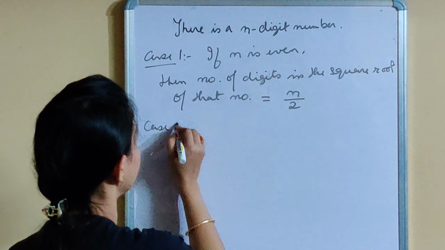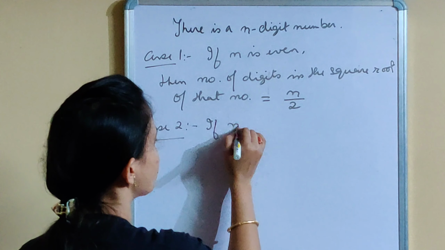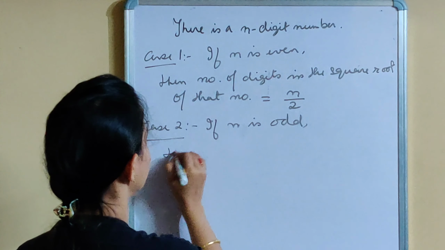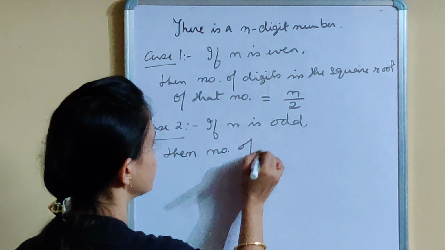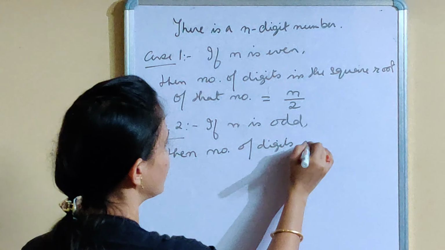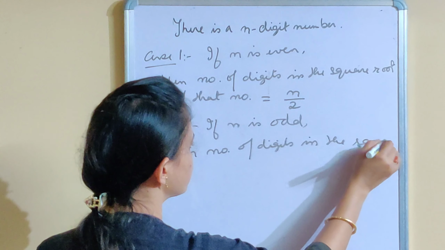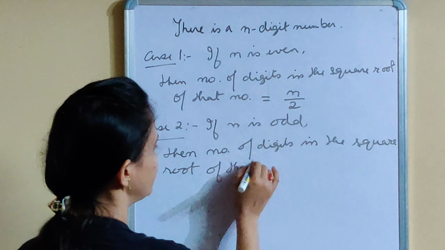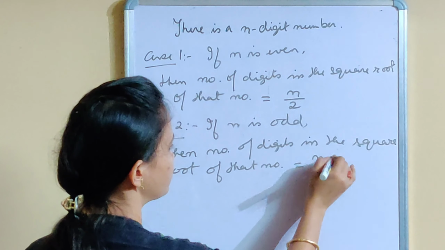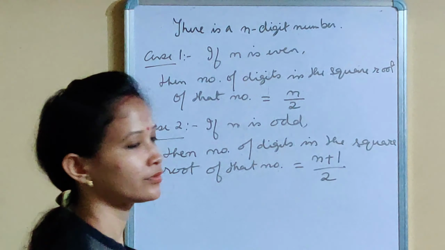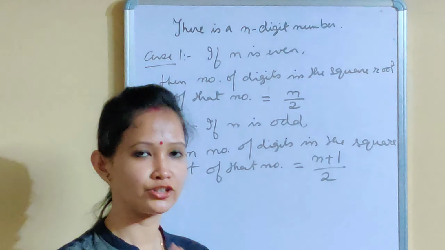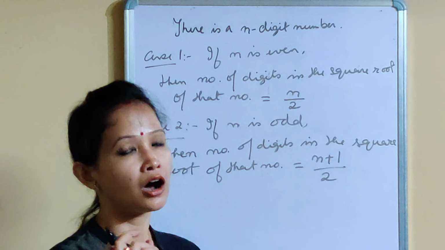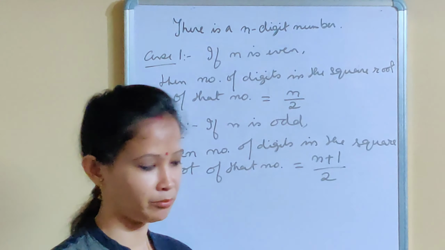Case 2, if n is odd, then the number of digits in the square root of that number is equal to n plus 1 divided by 2. That means without actually calculating the square root of the number, with the help of this formula we can find how many digits will be there in the square root of that number.